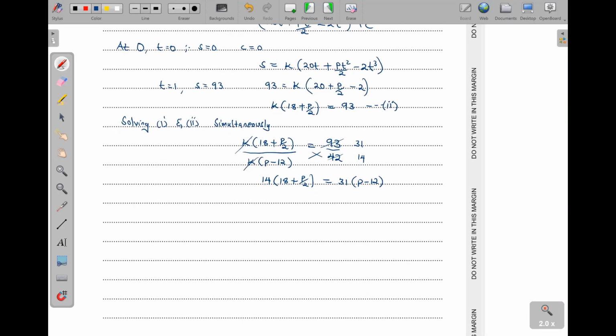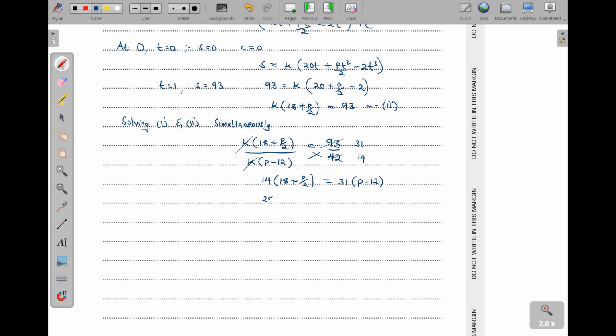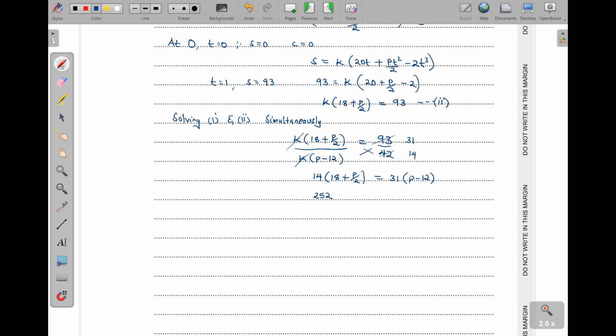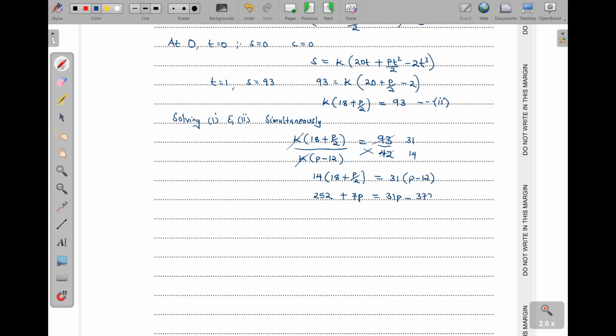When we open the brackets, 14 times 18, that is 252. Then plus, of course, a half of 14, that will be 7p, is equal to 31p, then minus 31 times 12, that is 372. I can take this one here, then take this one this side.